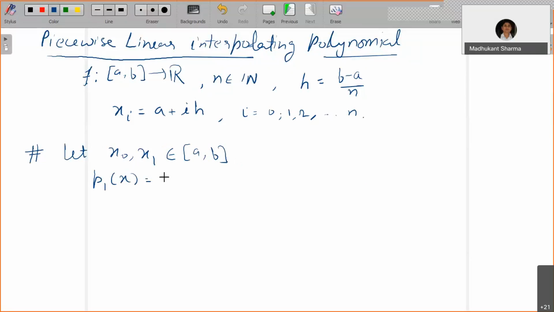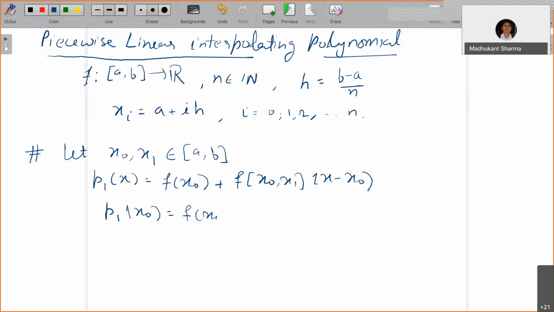You can go back and look at the definition of Newton's interpolating polynomial. So P1(x) equals f(x0) plus the first divided difference f[x0,x1] times (x minus x0). P1 is a polynomial of degree less than or equal to 1 with the property that P1(x0) equals f(x0). These are the interpolating conditions that need to be satisfied, so P1(x1) is also going to be f(x1).